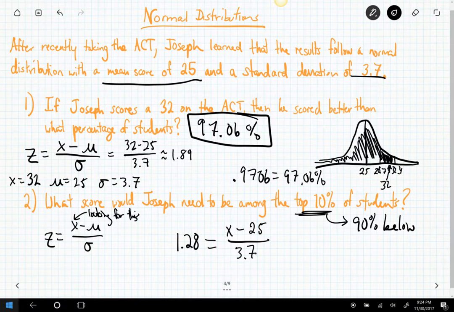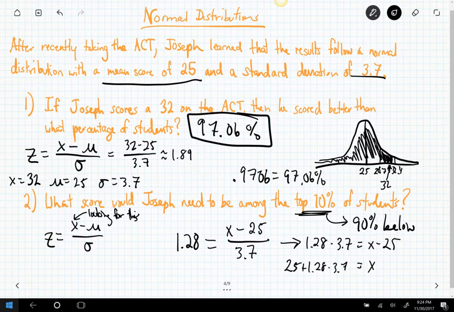So how do we go about figuring our value? Well, now it's just solving a nice linear equation. First things first, you get rid of the 3.7 by multiplying both sides by 3.7. So you get 1.28 times 3.7 equals x minus 25. And now x equals, we add the 25 to both sides, so 25 plus 1.28 times 3.7.